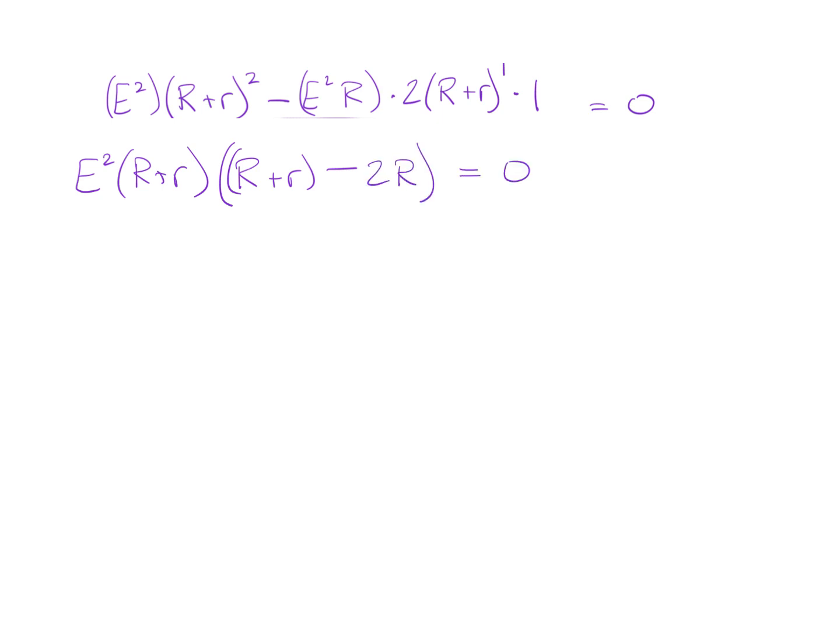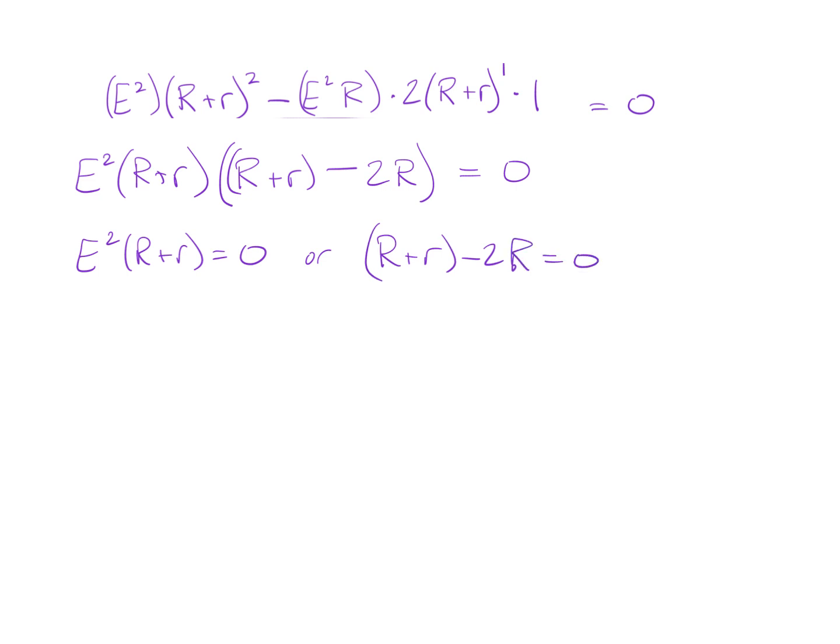And set that equal to 0. Then I have two factors that I'm multiplying together, and the answer is 0. So either E squared times R plus r equals 0, or R plus r minus 2R equals 0.